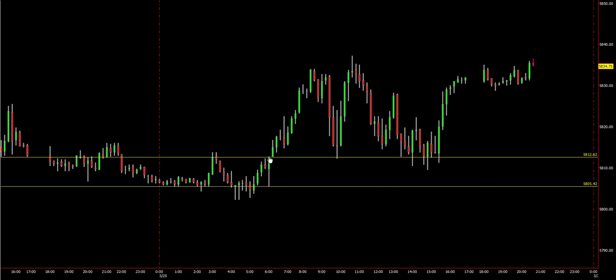So that is the look and feel of the bullish engulfing pattern. It doesn't mean every time you have a bullish or bearish engulfing pattern it works, so we have to be cautious about that.